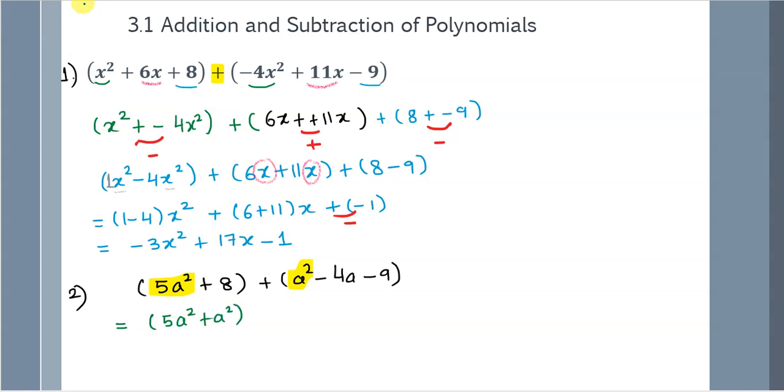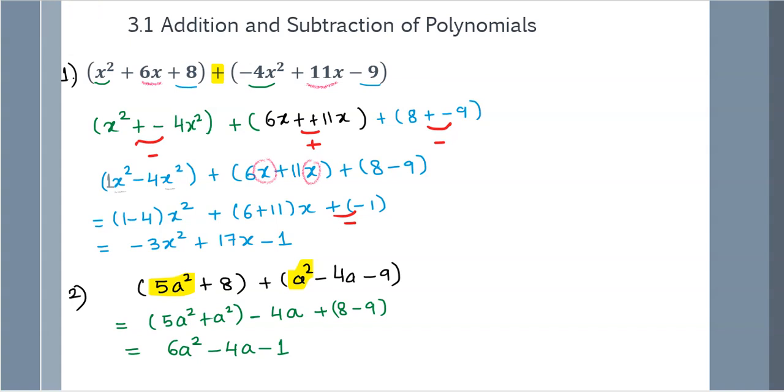There is no term of a there, but here it is, so plus minus gives you minus 4a. Now the constants 8 minus 9, because plus minus gives you minus. So 5 plus 1 gives you 6a square minus 4a minus 1, because 8 minus 9 is minus 1. So this is how it works.